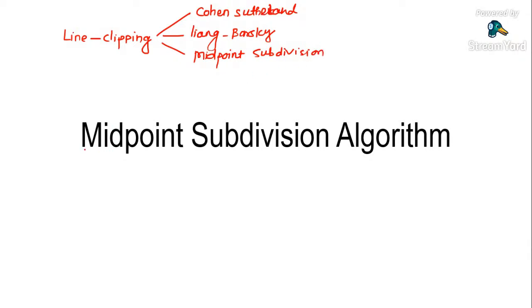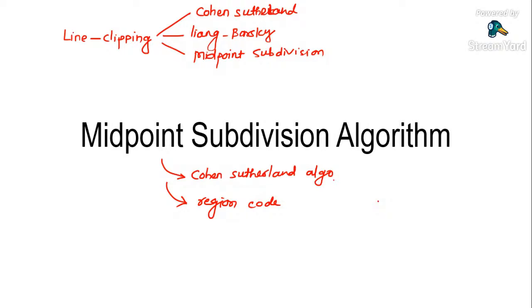This midpoint subdivision algorithm is a simple algorithm which uses a concept from the Cohen-Sutherland algorithm, that is, region codes.